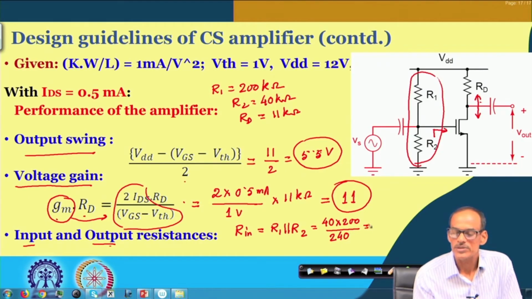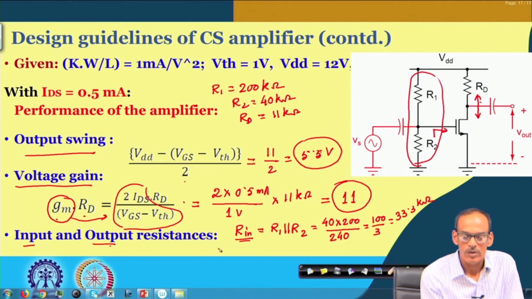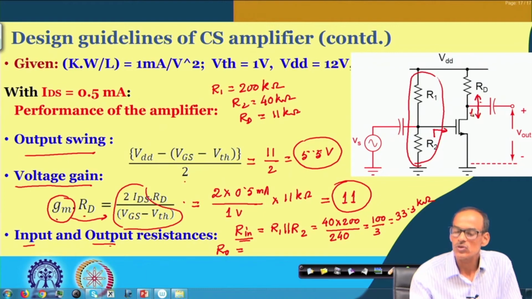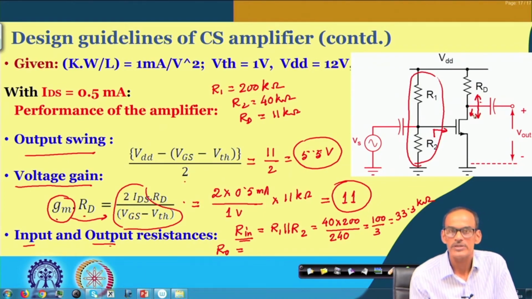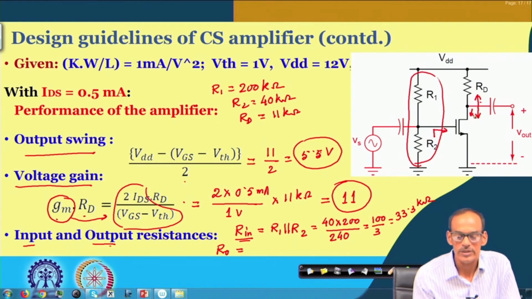So, that gives us 100 divided by 3, that means around 33.3 kilo ohm. So, that is the input resistance, and the output resistance, of course, we are ignoring this lambda. So, lower side the impedance coming from the transistor, we may say, it is very high. So, output resistance on the other hand, it is R D, which is 11 K.